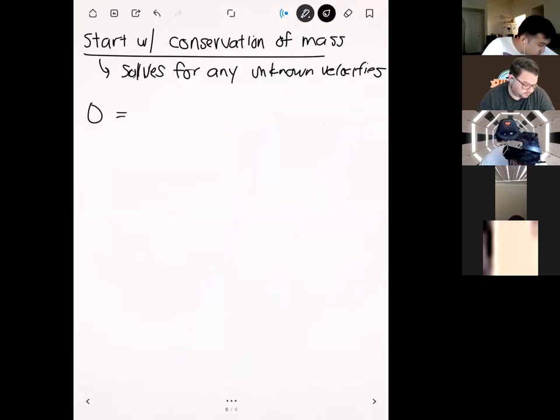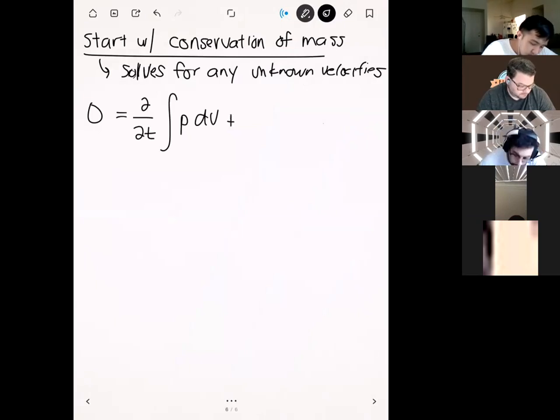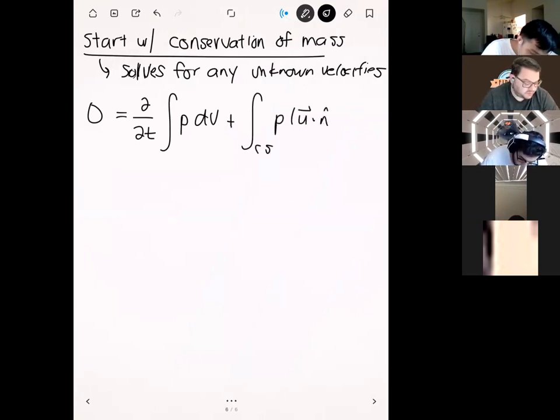Okay, so conservation of mass, we have 0 is equal to partial t of rho dV, plus the surface integral term. So there's our conservation of mass. First we're going to cross out this first term because it's steady.